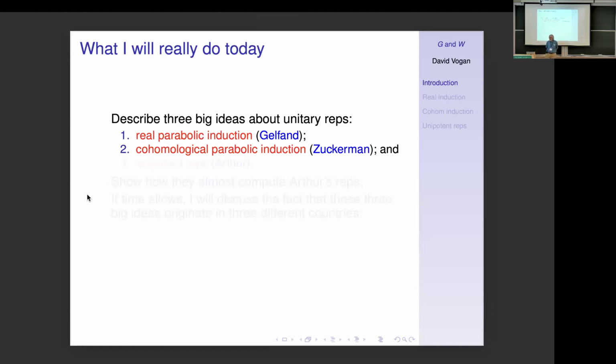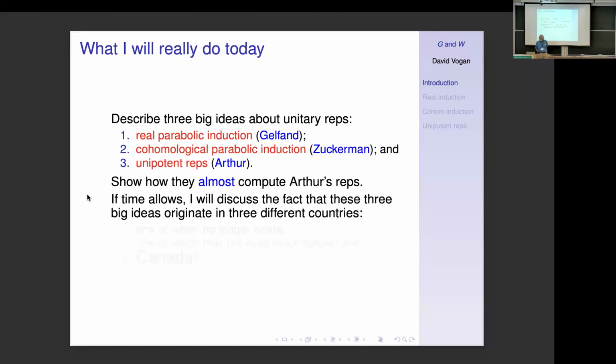Cohomological parabolic induction, put into the world by Greg Zuckerman, and unipotent representations, put into the world by Jim Arthur. And again, in the philosophy of preaching a sermon to you, I'm going to show how these ideas nearly compute Arthur's packets.